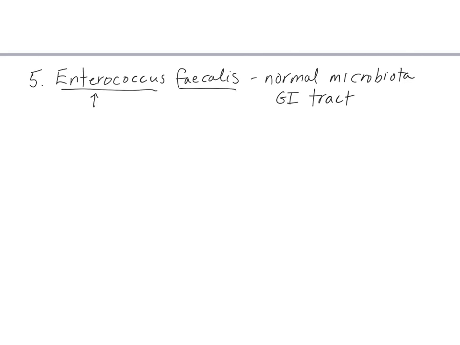This organism, as well as a few other Enterococcus, are associated with hospital-acquired infections. So they're considered opportunists. That means they typically aren't going to cause disease unless a specific opportunity arises.